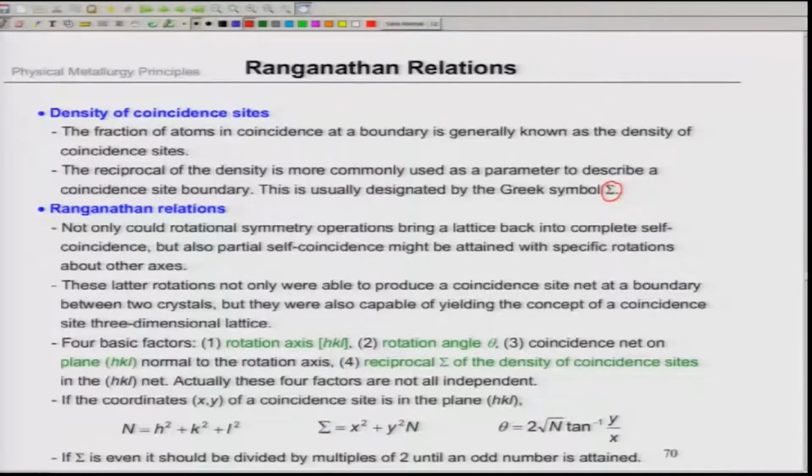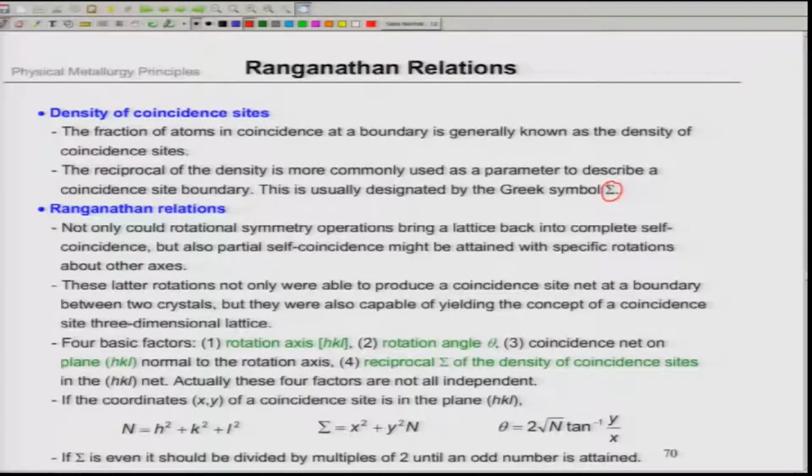These lattice rotations are not only able to produce coincident site nets at a boundary between two crystals, but they are also capable of yielding the concept of a coincident site 3-dimensional lattice. Obviously, in 3D, if some of these points are matching, not all of them or fractions of them, then we can call them a different type of 3-dimensional coincident site lattice. So, there are 4 factors which are responsible for making this coincidence possible. One is obviously the rotation axis along which we are rotating one crystal lattice with respect to the other.